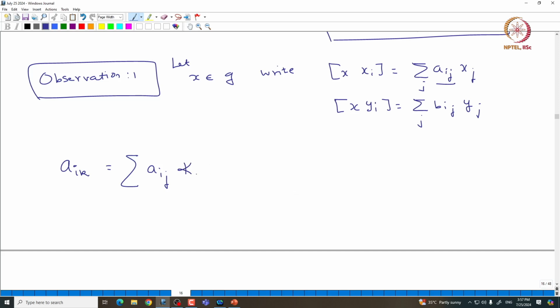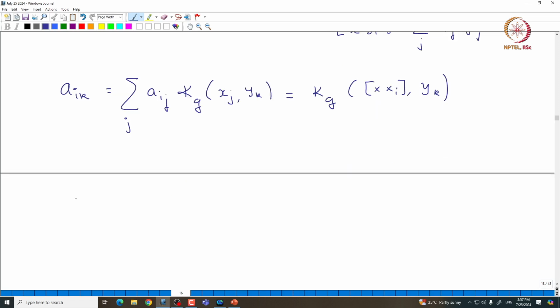So, this is exactly the kappa of G, x_j, y_k, because this is just a delta_jk. So, whenever j equals k, you get a_ik. So, that is why you get this. So, this is exactly equal to kappa of G, the bracket [x, x_i], comma y_k.